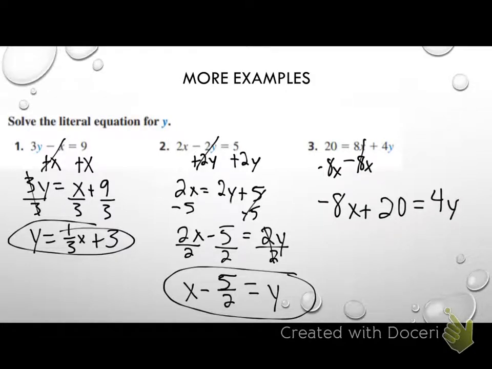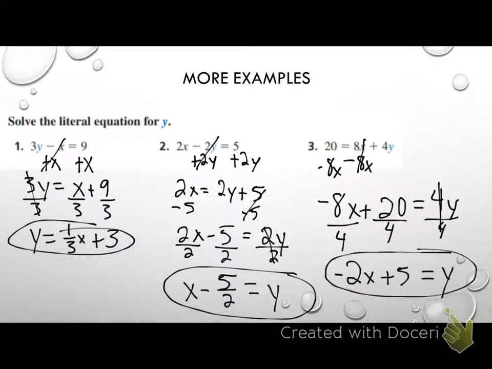And then my last step, get y by itself. Divide everything by 4. So I get negative 2x plus 5 equals y. And there's my equation solved for y.